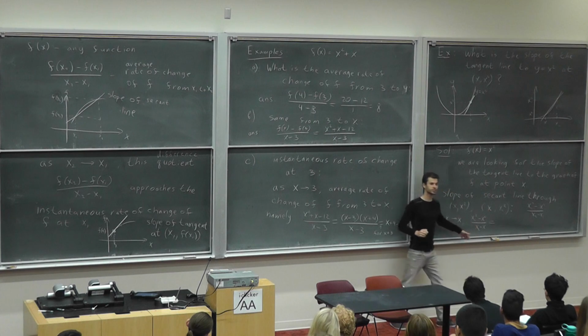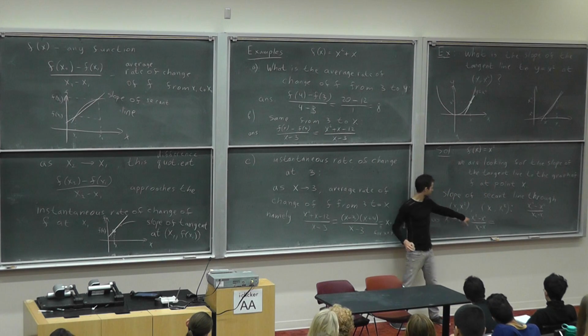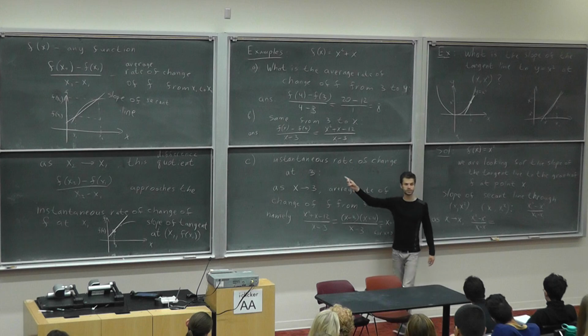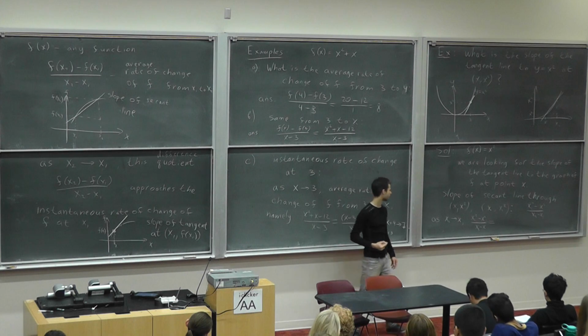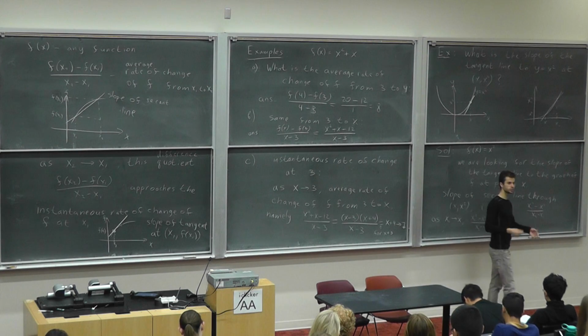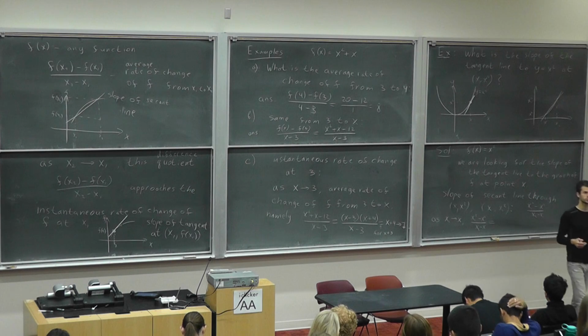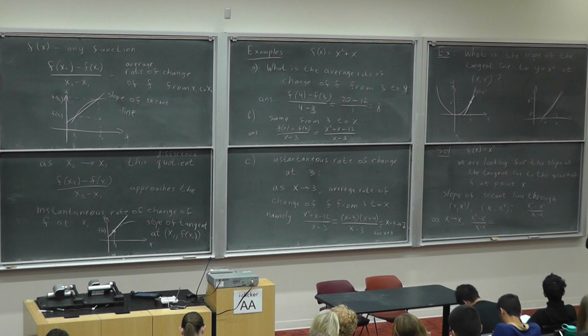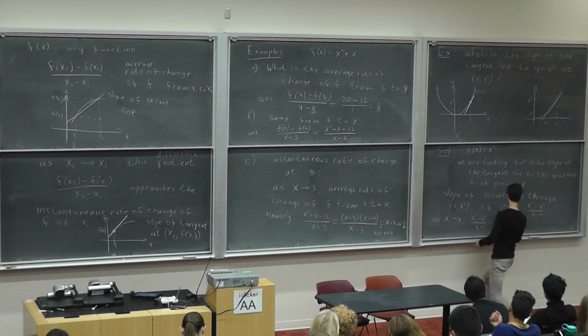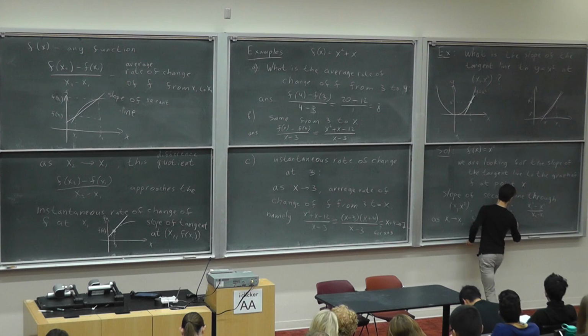In fact, algebra tells you what it is exactly. I can factor this thing out, just like I did in the previous example. The reason x2 squared minus x squared becomes close to 0 as x2 approaches x is because it's divisible by x2 minus x.